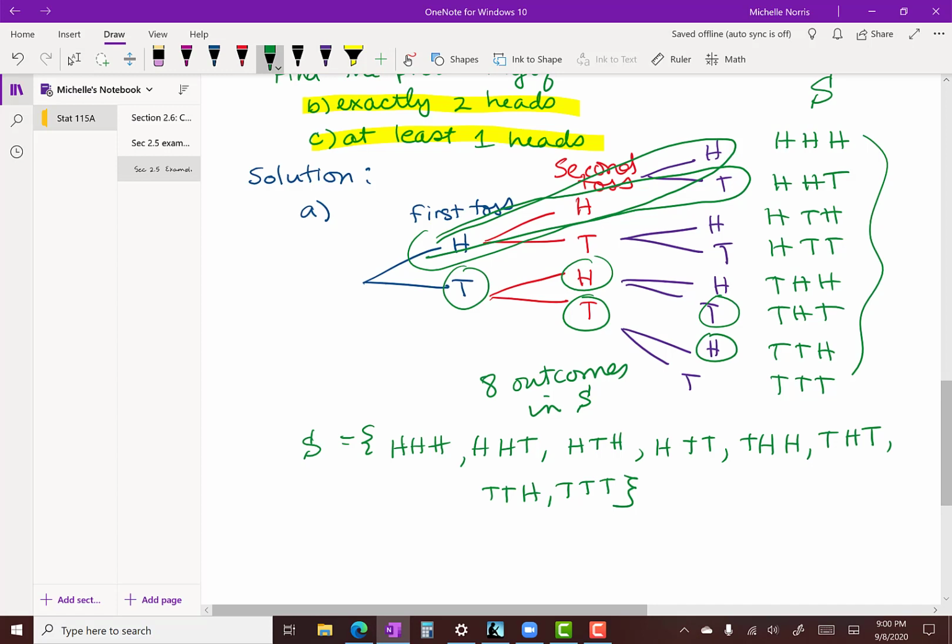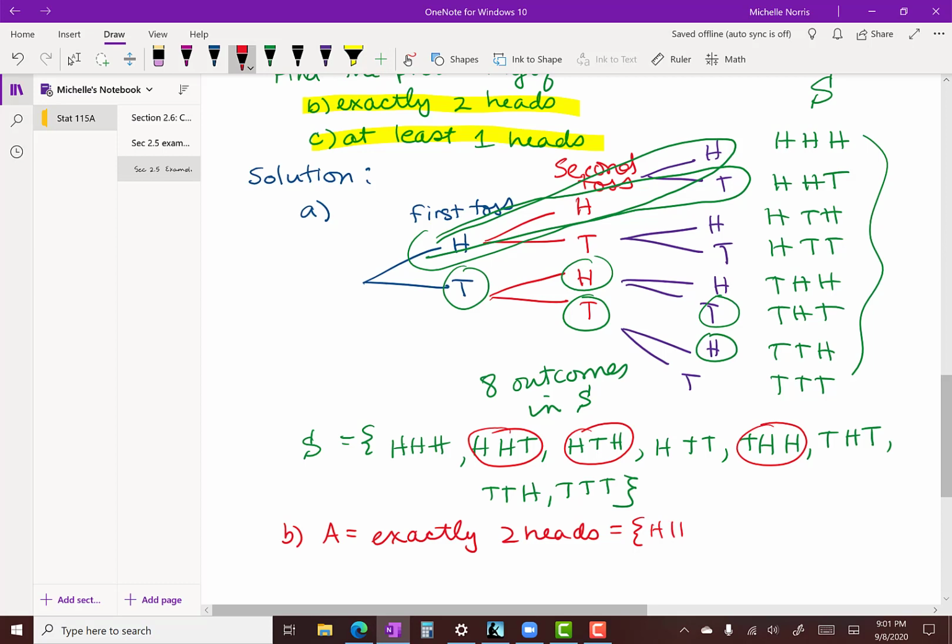The second part asks for us to compute the probability of exactly 2 heads. So let's say event A is exactly 2 heads. This is what the event A looks like, and I'm just going to circle those outcomes with exactly 2 heads. So HHT, HTH, THH, and those are the only ones.